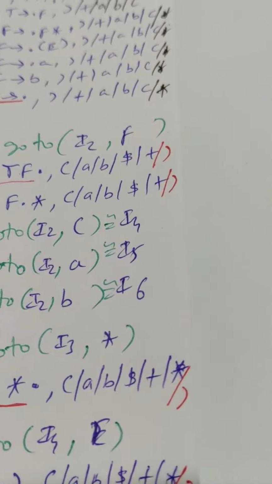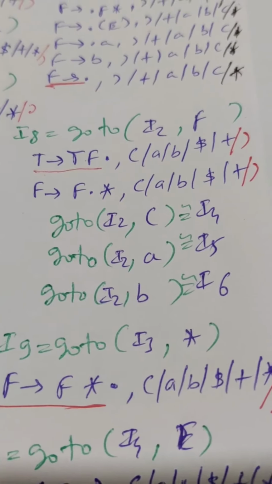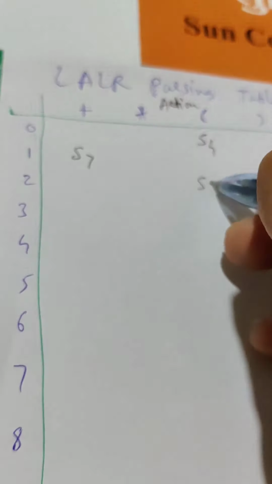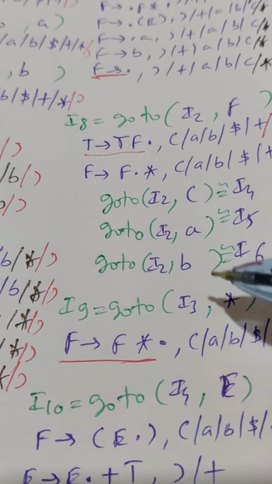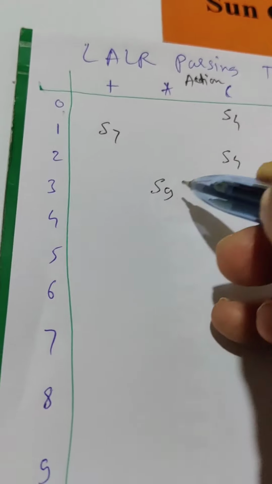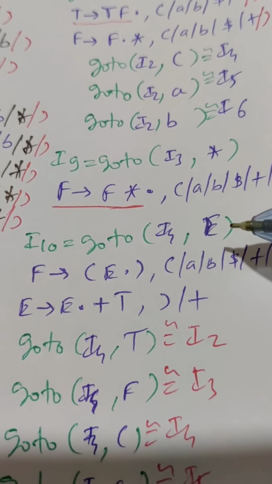Next, I2 comma opening bracket is S4, I2 comma A is S5, and I2 comma B is S6. So I2 is done. At I3 comma star is number 9, so I3 comma star is a shift entry S9. So I3 is done.